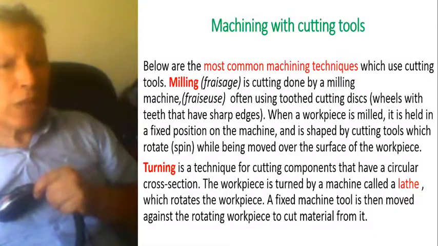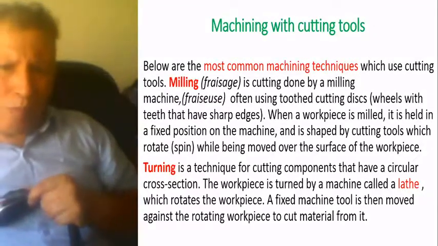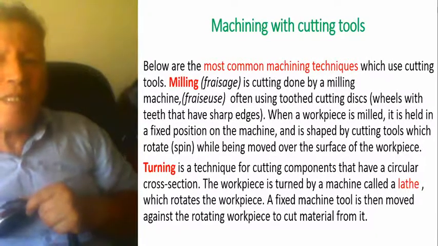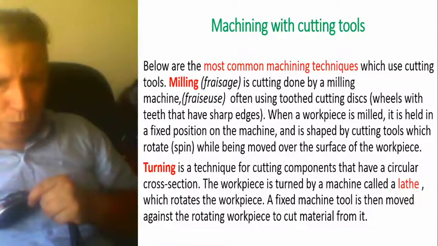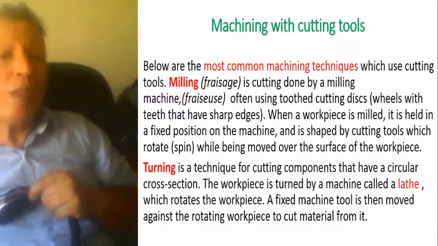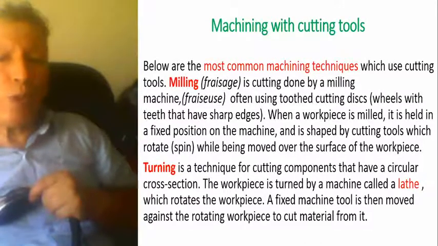Milling machine, c'est une fraiseuse, which often uses toothed cutting discs or wheels with teeth that have sharp edges. When a workpiece is milled, it is held in a fixed position on the machine and is shaped by cutting tools which rotate, which spin while being moved over the surface of the workpiece.